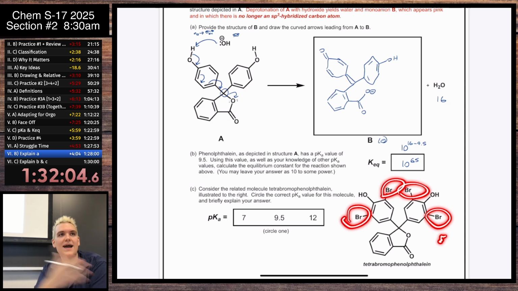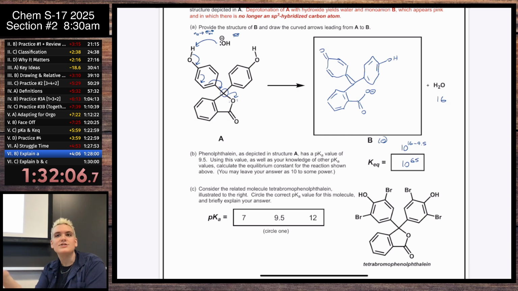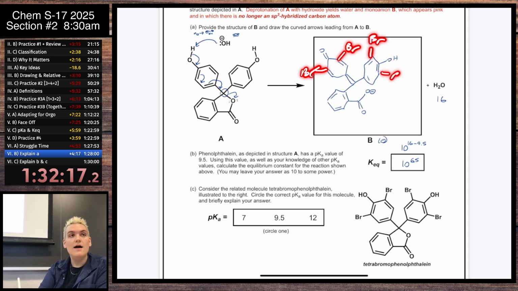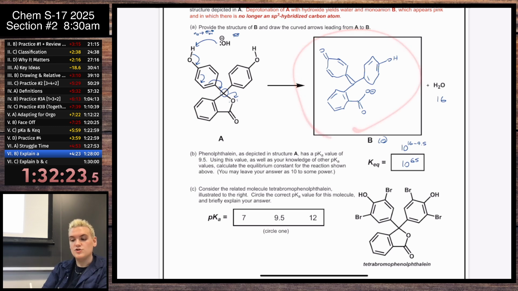And what's the effect of, like, induction effect? So essentially these bromines, if we have a negative charge here and we put a bunch of bromines around, the bromines are going to be just ever so slightly tugging on the electron cloud and trying to spread out that negative charge. So it stabilizes the base. It makes this a stronger acid. So of these three options, we would guess it's pKa 7.